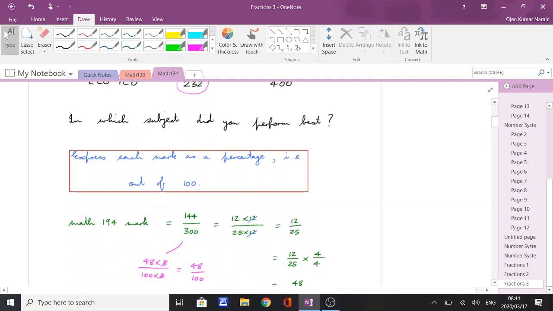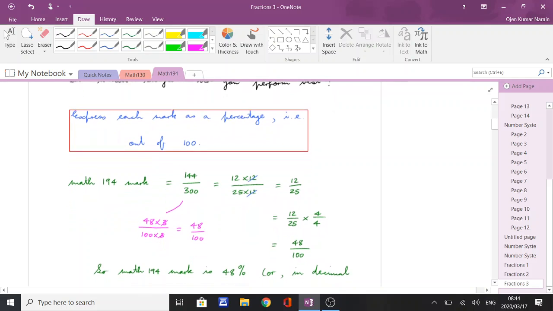So in Maths 194, your mark is 144 out of 300. So we have to make that mark out of 100.